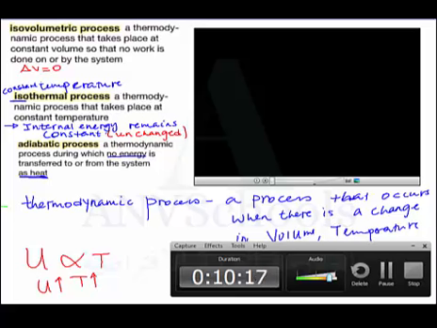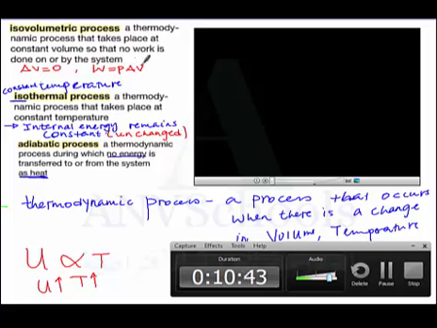If the volume of the system doesn't change, no work is done on or by the system. That's very important, because we know that the work done on or by the system is defined as the pressure multiplied by the volume change.